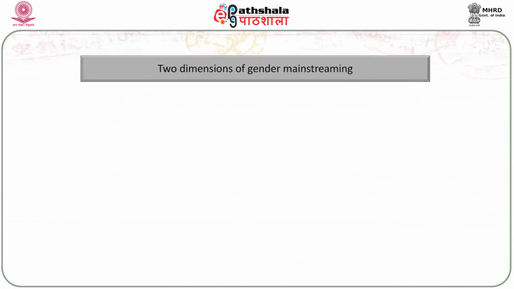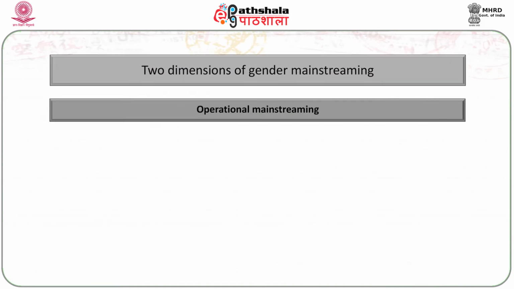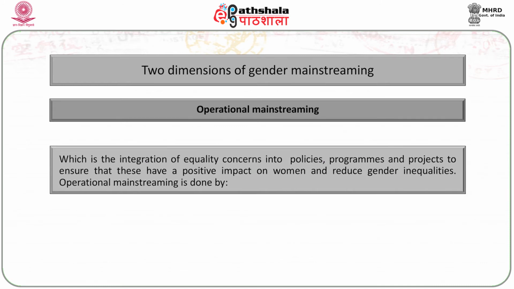Gender mainstreaming, we have divided it into two parts in this module. The first is operational gender mainstreaming. What is operational gender mainstreaming? Operational mainstreaming is the integration of equality concerns into things like policies, programs, and projects to ensure that these have a positive impact on women and reduce gender inequalities.